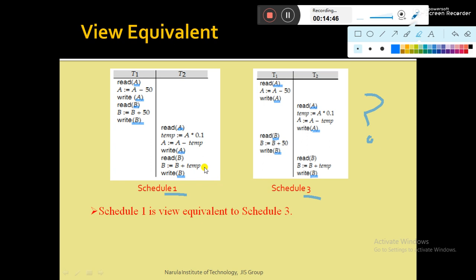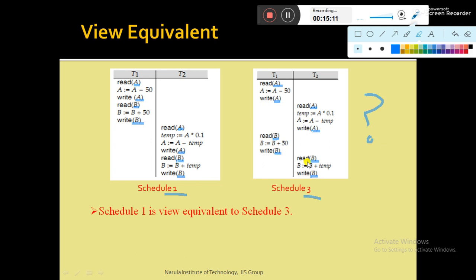Next, we have to check for data item B. Data item B is read by transaction T2, and that data item was previously written by transaction T1. Next let's check whether this is true or not for schedule 3. Now what is the data item B? This is the read B operation.